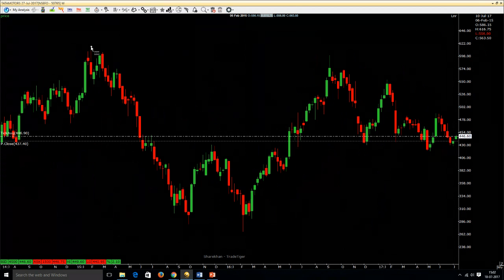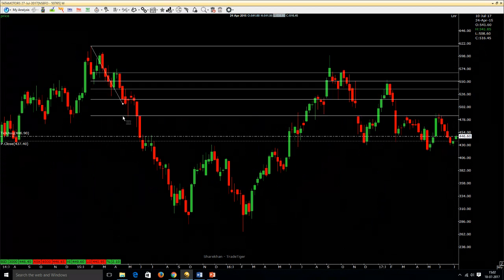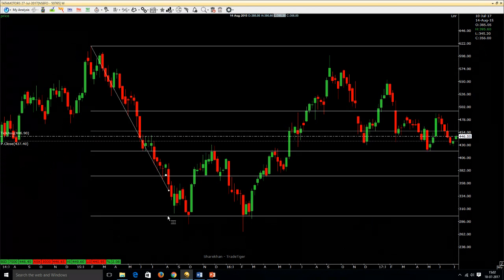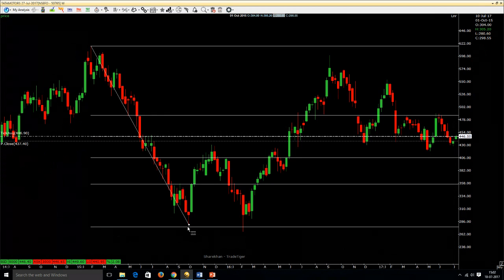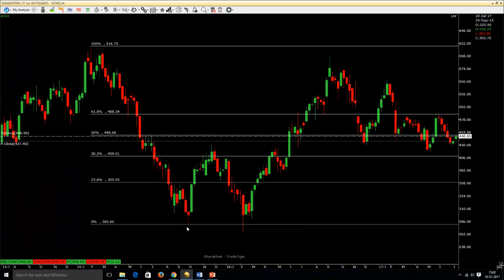So let's see first from high to low. You click on the highest closing point of the candle and you drag and go to the lowest point of that script and click here. So you will have certain ratios. Tata Motors got its peak at 622. From there, it has corrected and it has a minimum of 280.